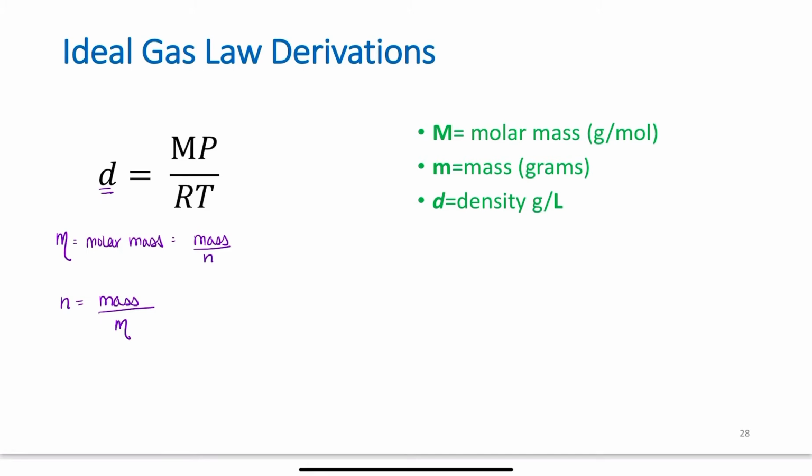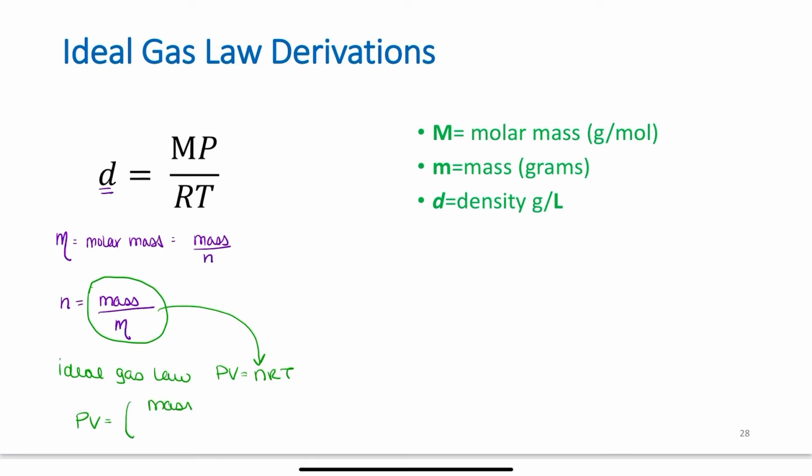We also know your ideal gas law, PV equals nRT. I'm going to substitute this in for n. So I've got PV equals mass over molar mass times RT.